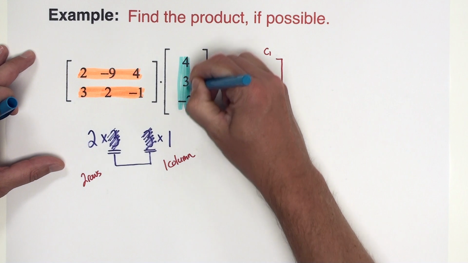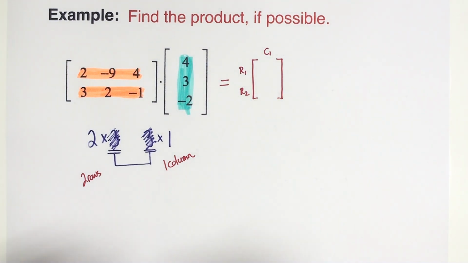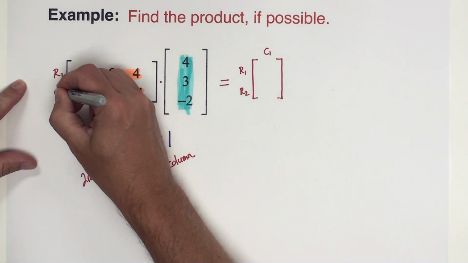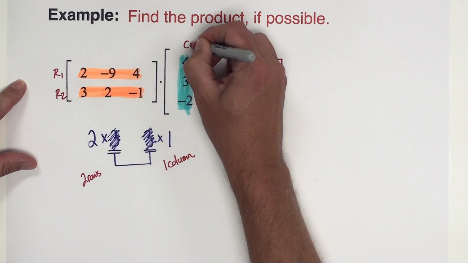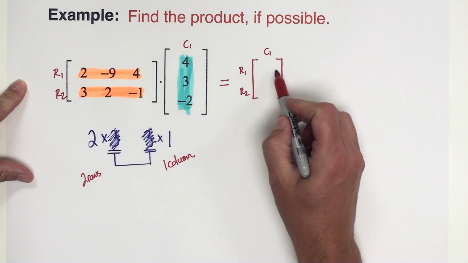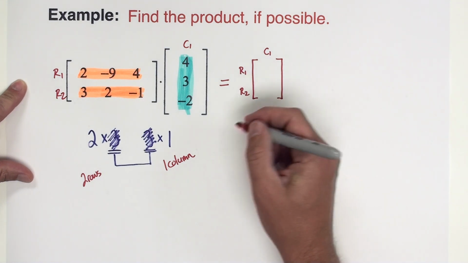This just reminds me when I'm doing the work what sets of numbers I'm pairing together. So again, here we're using rows, and here we're using columns. So if I want to find the first number, which goes right here on the top, I'm going to use row 1 and column 1.